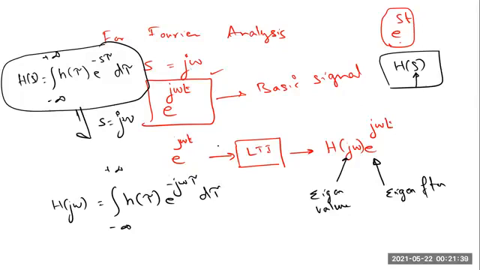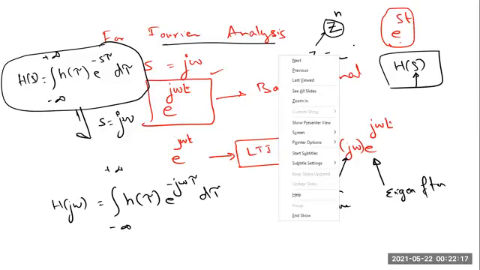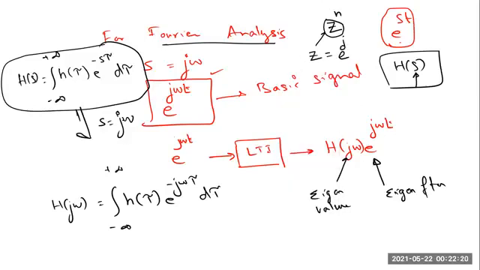Similarly, this is for the continuous case. Fourier analysis is applied in the continuous case as well as the discrete case. In the discrete time case, our signal was z to power n. And if you remember, I mentioned that this z is a complex number. But for Fourier analysis of discrete time systems, we will assume that this z is a complex number whose magnitude is equal to 1. So what type of value should z have? z is equal to e raised to power j omega.